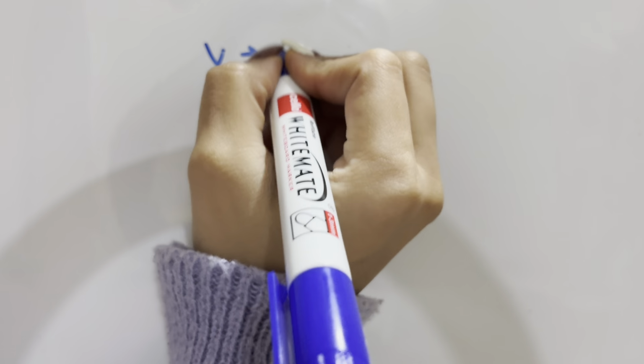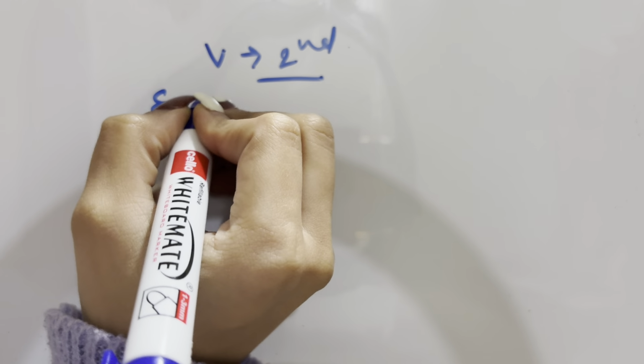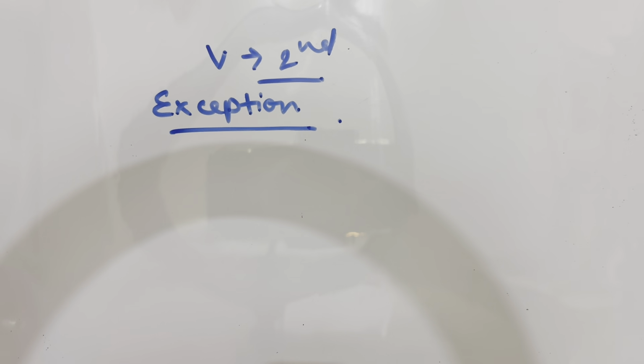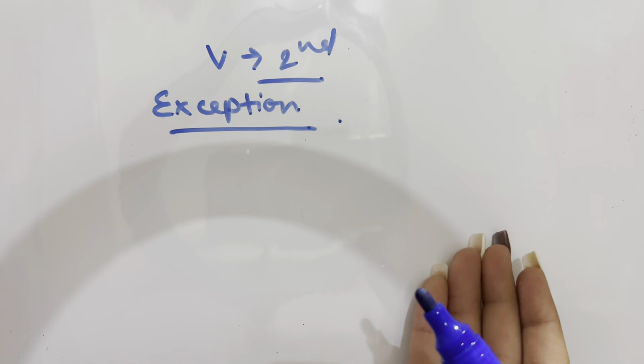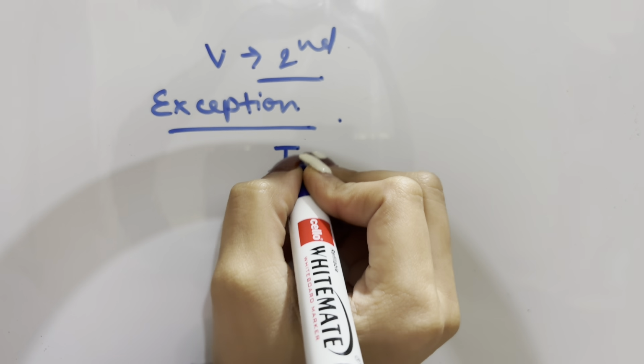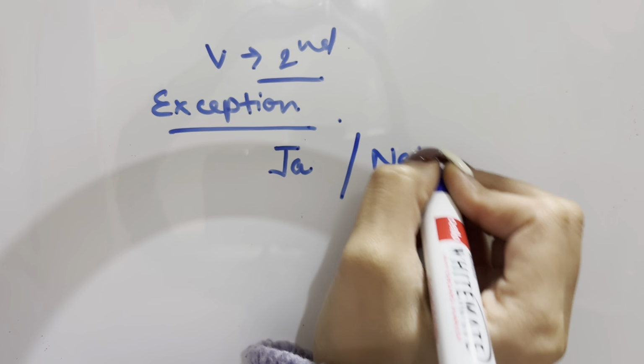But this rule that the verb always takes the second place also has an exception. Do you know when we ask questions like, do you have any kids? The answer is yes or no. Similarly, in German also we can have such questions where the answer is yes or no, which means ja oder nein.